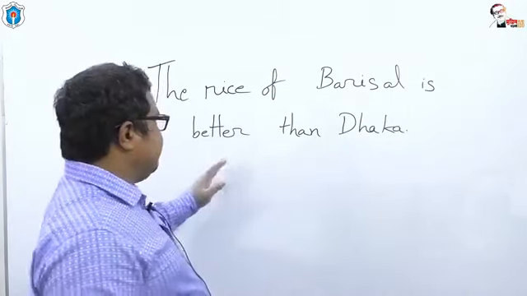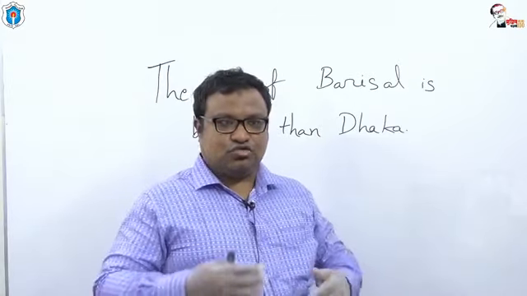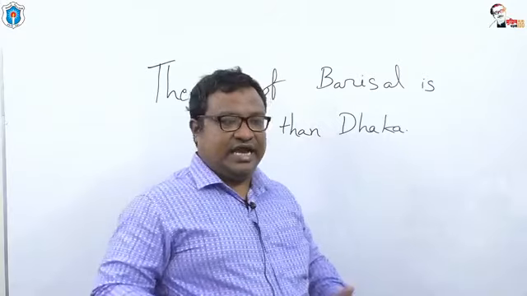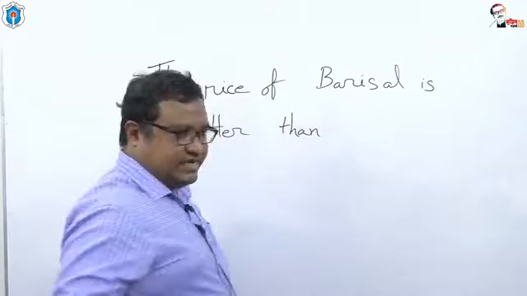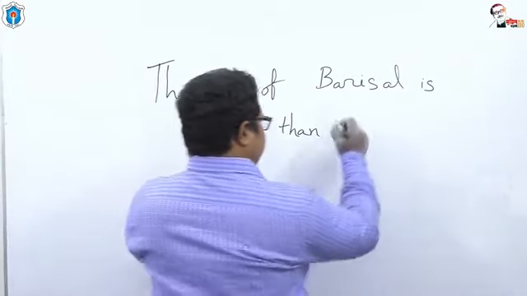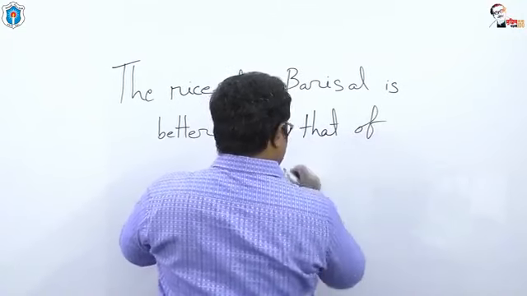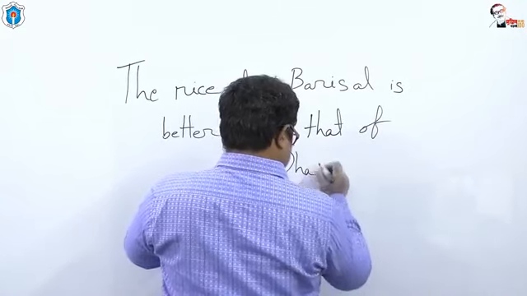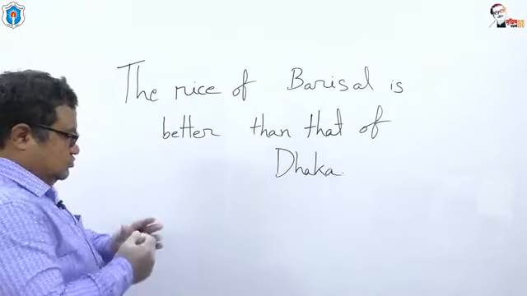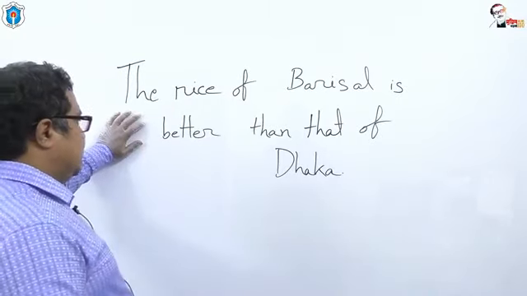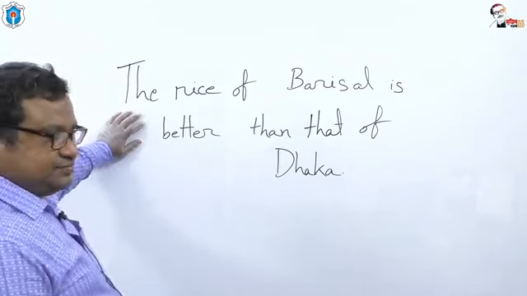So when I am making a comparison between two particular things in a particular area, then I have to write the comparative sentence in this way: the rice of Borishal is better than that of Dhaka.